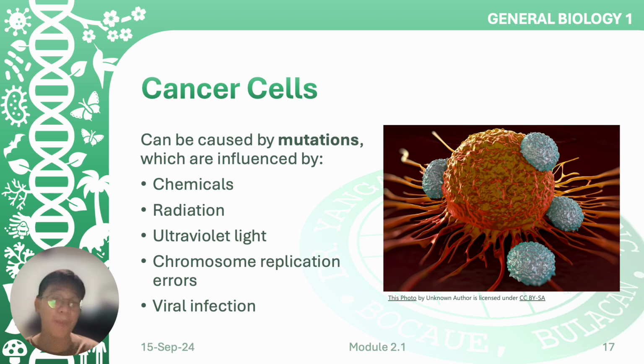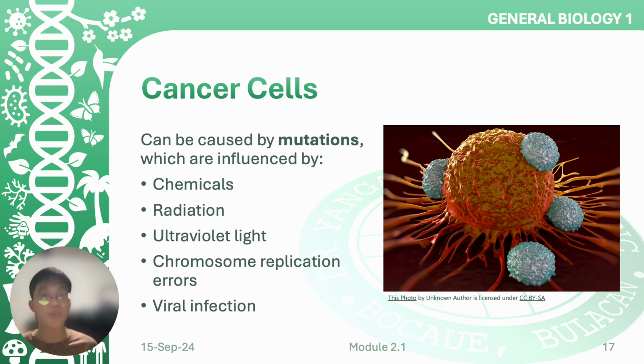An example of carcinogenic substances would include the black spots you see on barbecue when you grill them. So these black spots, when you consume a lot of it, are going to be a risk for cancer.